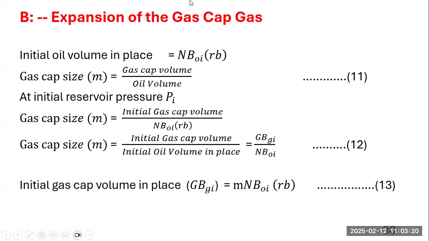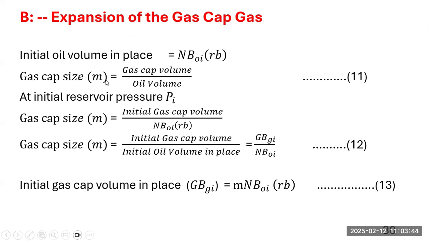Okay, so here, expansion of the gas cap gas. Remember, your gas cap also provides energy to your reservoir as a result of its high compressibility. Remember, your CG is very high. Okay, so now your initial oil volume is NBOI. You can recollect this from your A, NBOI.